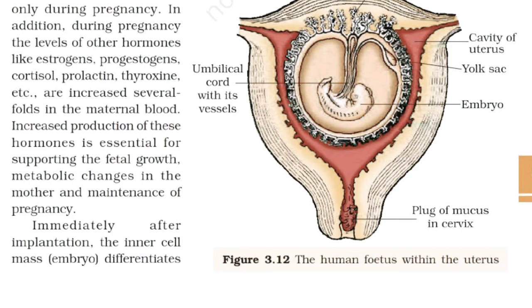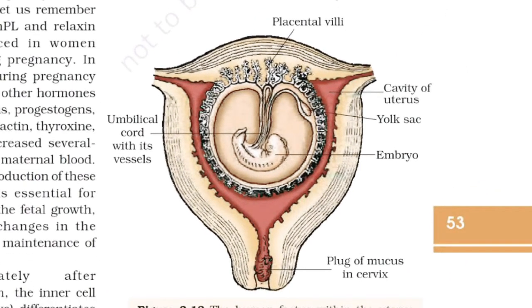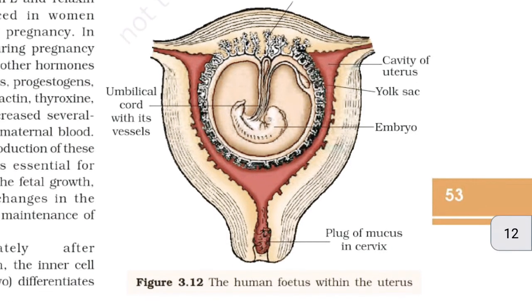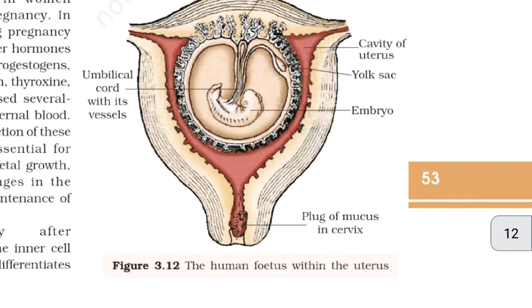Look at the diagram: placenta, villi, cavity of uterus, yolk sac, embryo, umbilical cord, with its special plug of mucus in the cervix.